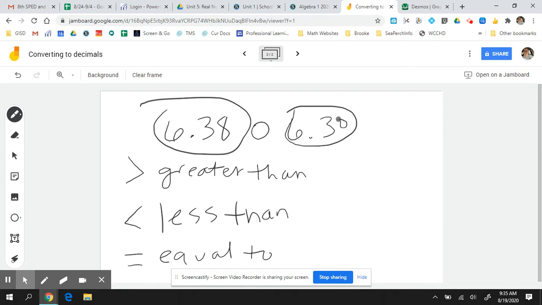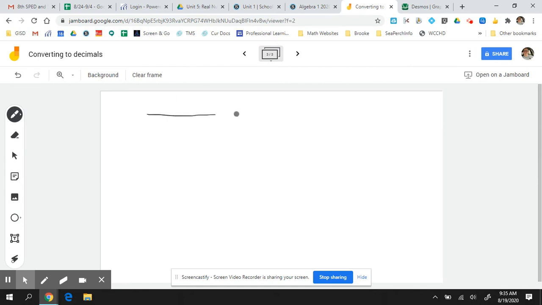So I'm going to put the greater than symbol, and that one is done. Sometimes they'll give you a number line, and that number line is there to help you if you need it. When you figure out decimals, you can create your own number line by identifying which line values they will be. If you don't need a number line, don't use a number line. You have access to a calculator, which is helpful.